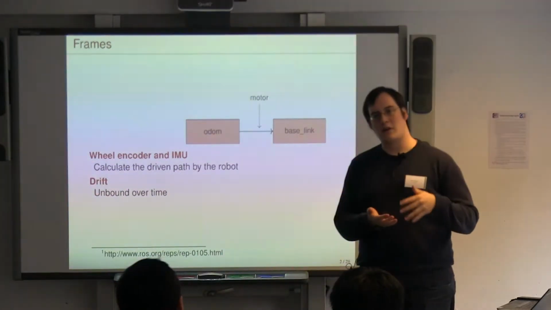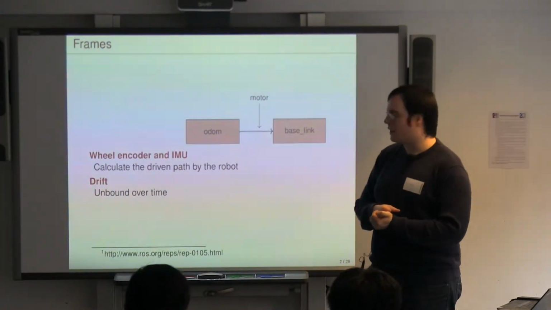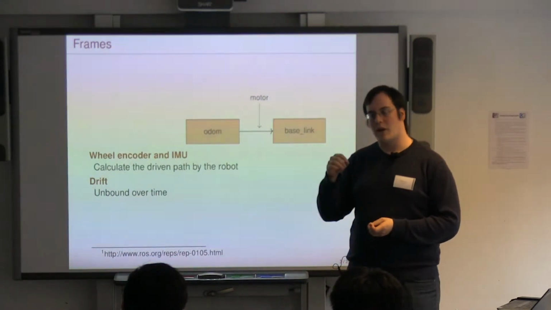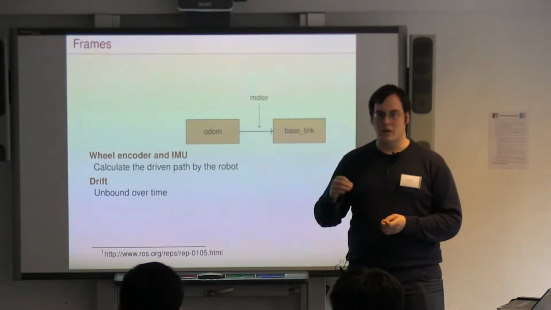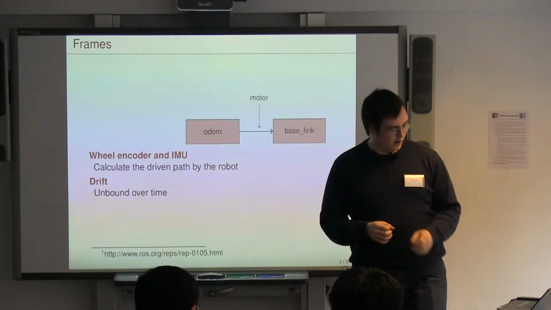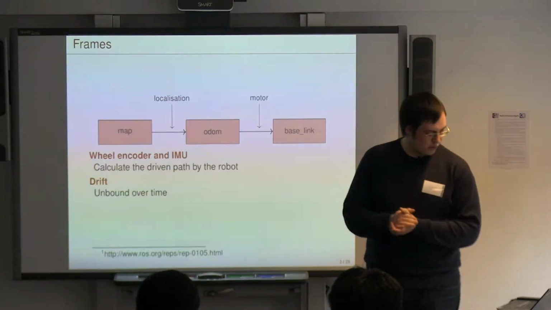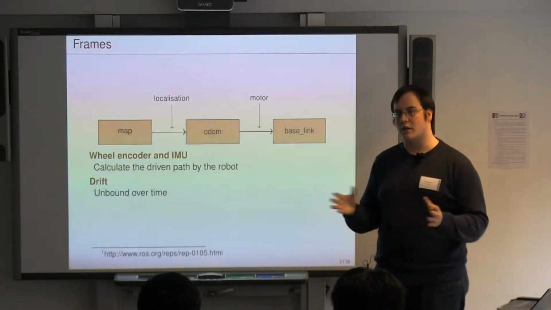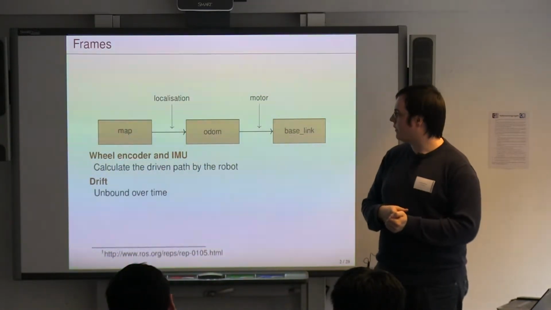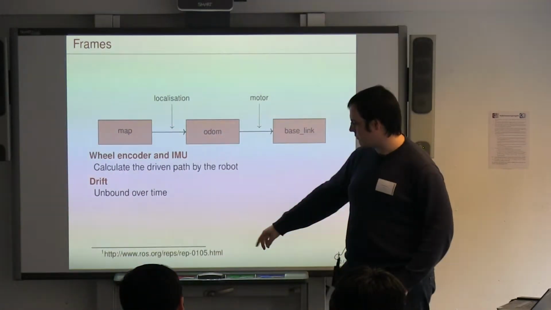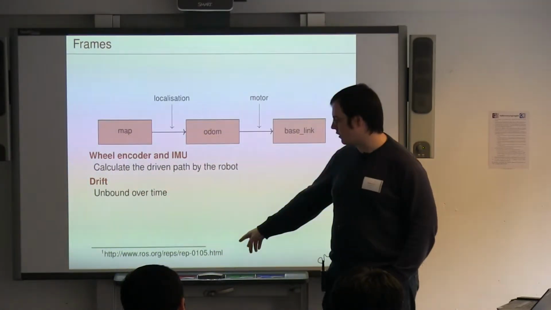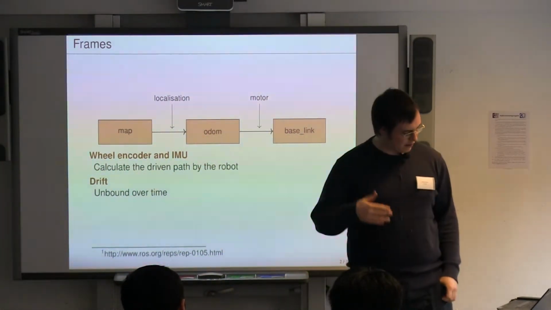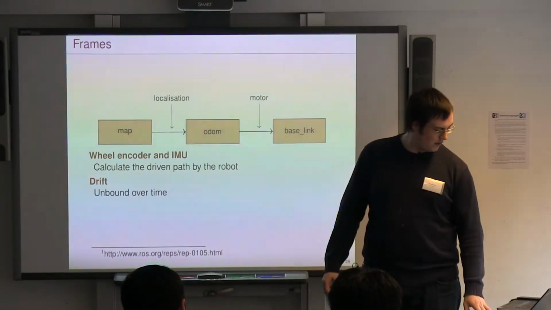It's continuously integrated by the sensors, but it also drifts over time. The sensor errors become larger and larger, and this is why you also typically have a map frame, which is then published by your localization software. At the bottom, you also see a link to ROS, where they describe the frames, what they're typically doing and what they're for.